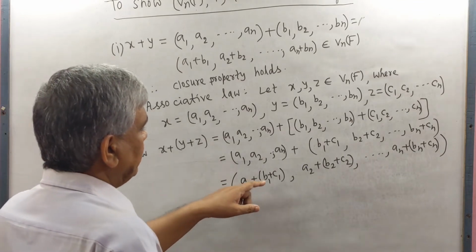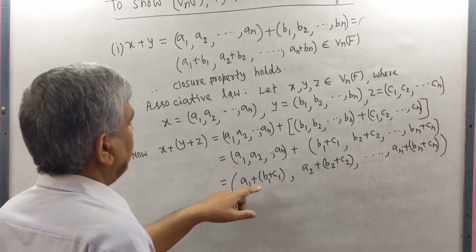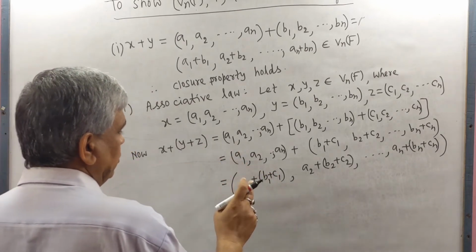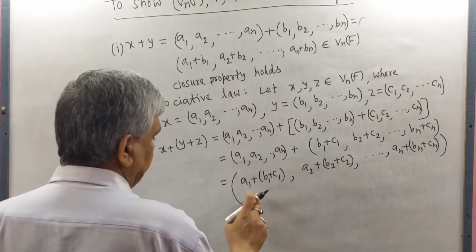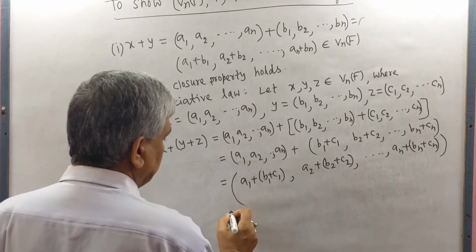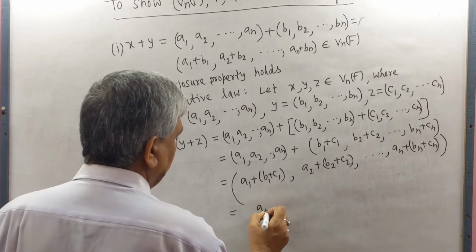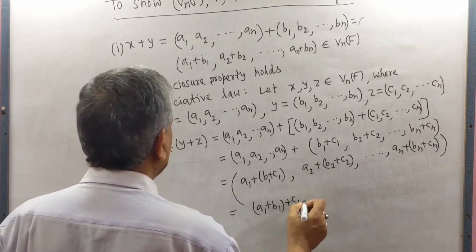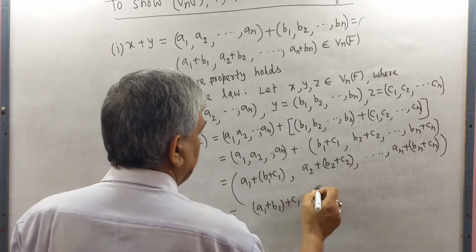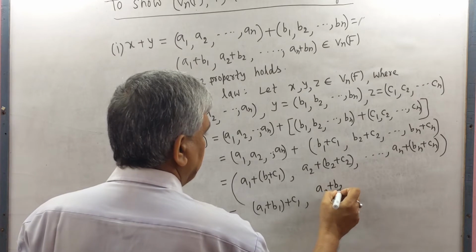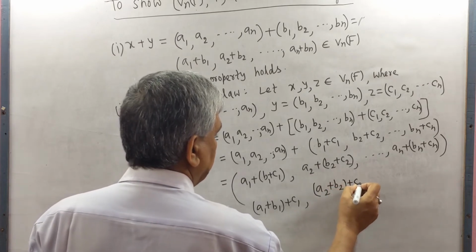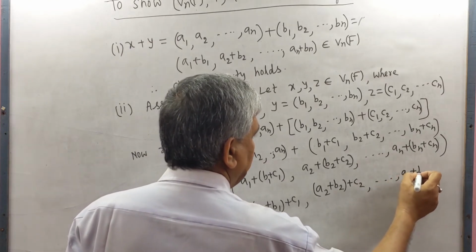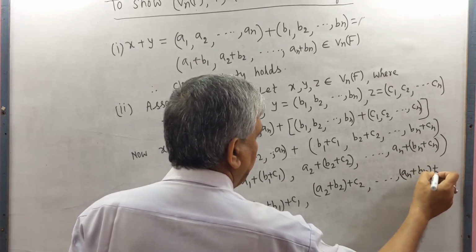As a1, b1, c1 all are elements of a field, therefore we know that in a field associative property holds. So we get (a1 plus b1) plus c1, (a2 plus b2) plus c2, ..., (an plus bn) plus cn.